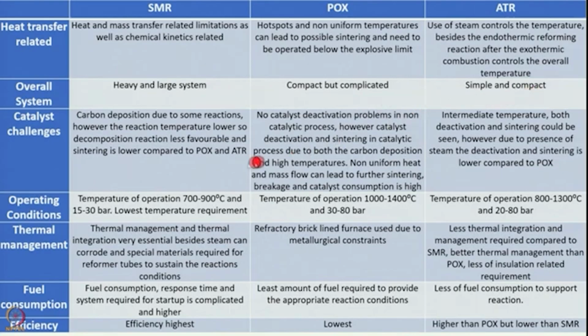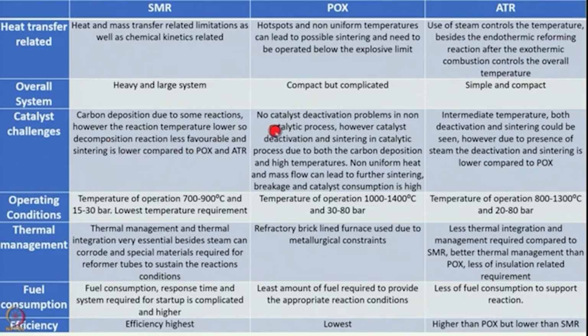compact for autothermal reforming. There are several catalyst related challenges like carbon deposition in the case of steam methane reforming, but these are comparatively much less than in the other two processes, because the reactions which produce carbon either dominate at the very low temperature regime or are not very favorable at the temperature in which the reformer operates.